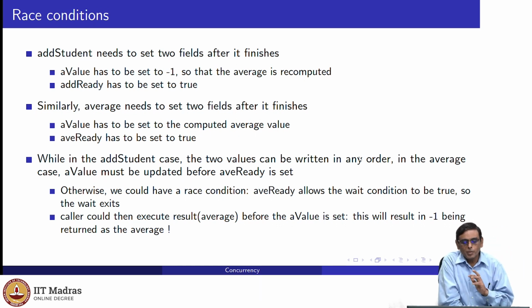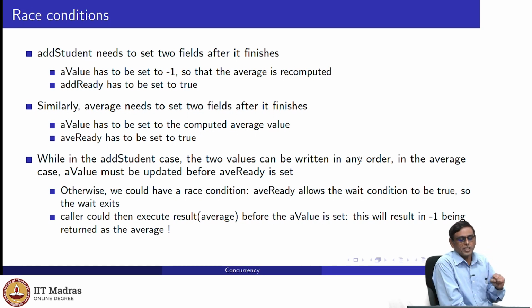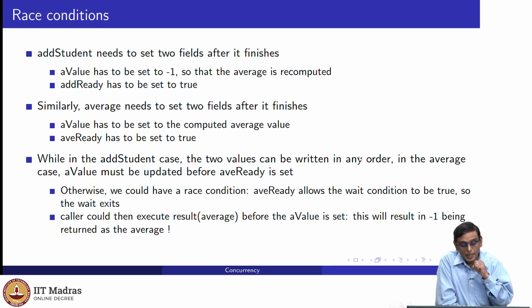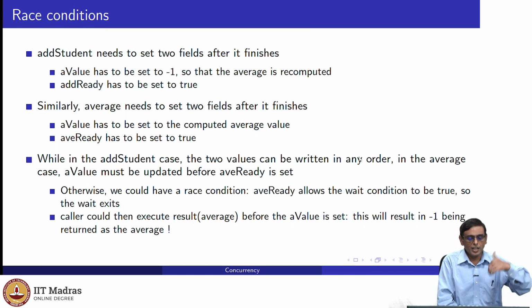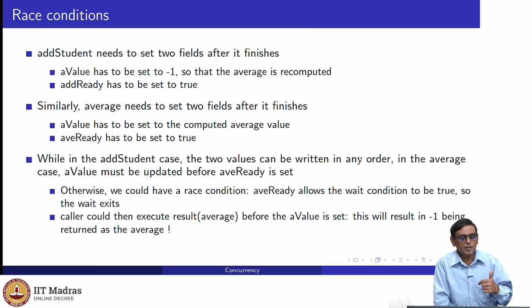Because assume for a moment that when you're writing the procedure for average, at the end of average you set average ready to true, and then after that you are going to set a value to the average value. So it means a non -1 value, right? So the minute you set average ready to true, it may turn out that just as you did that, the caller checked for the condition ready, and he found that average is ready.